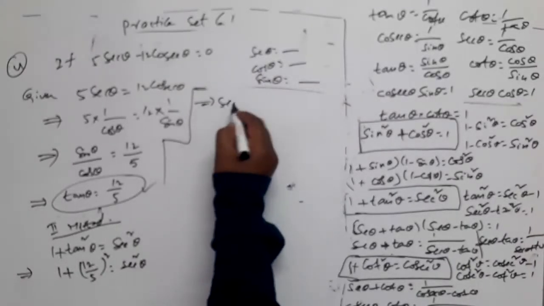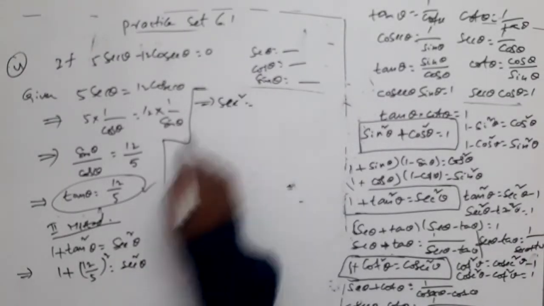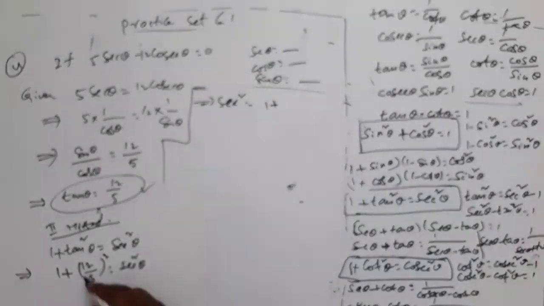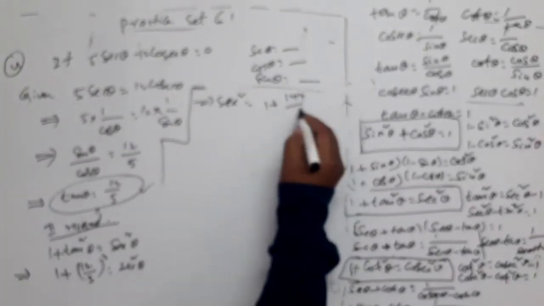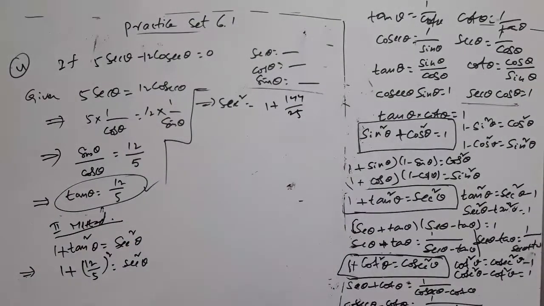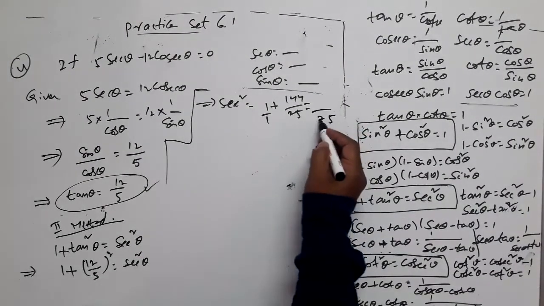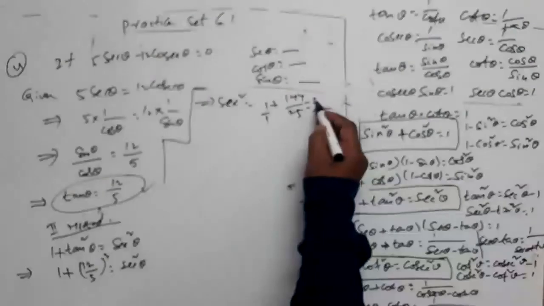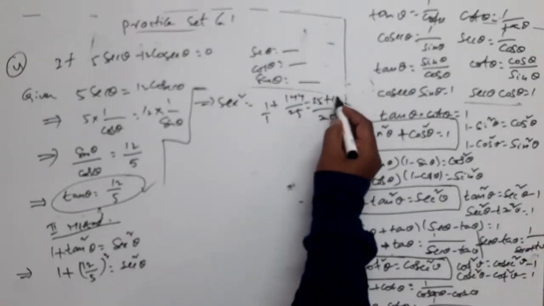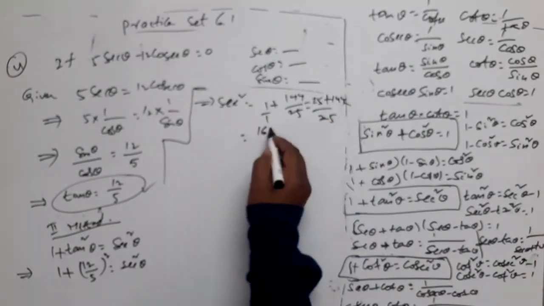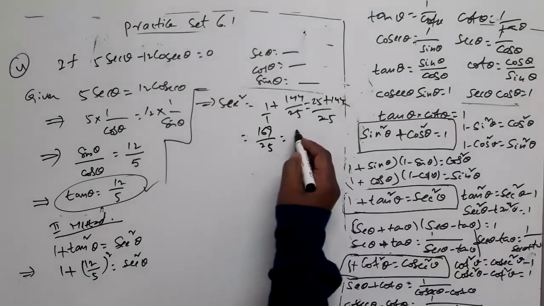So secant square theta can be written as 1 plus 12 by 5 whole square, that is 144 by 25. Let us simplify further. The LCM is 25. 25 into 1 is 25 plus 1 into 144 is 144. That is 169 by 25.